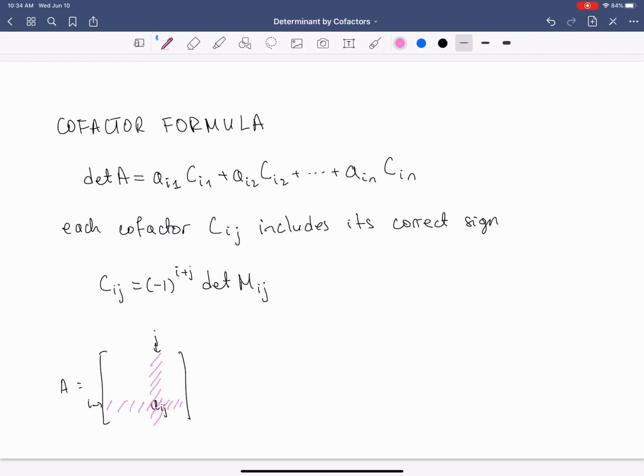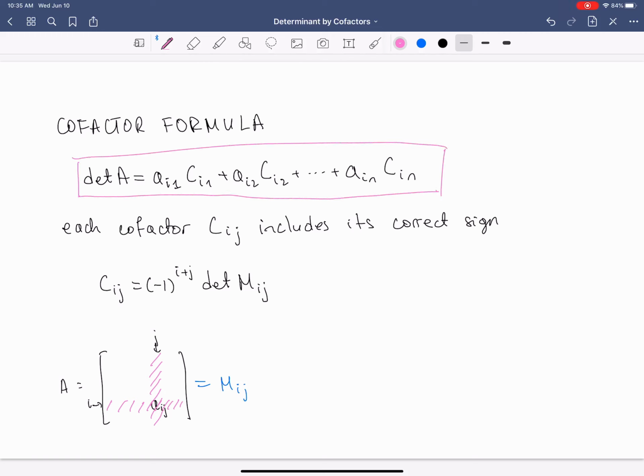So what you're left with is the minor M_ij. Whether it comes with a plus or minus comes from i and j, and the cofactor is actually that complete determinant, including the sign. So the cofactor formula is exactly this for any row.